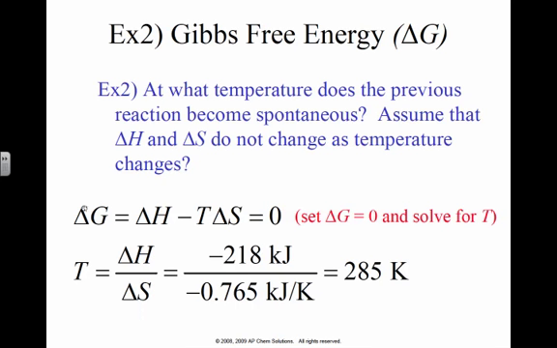So what I'm going to do is make delta G 0, plug in my delta H, plug in my delta S, and just solve for the temperature at which that takes place. So if I rearrange this equation, T is going to equal delta H divided by delta S. So negative 218 divided by negative 0.765 gives me a temperature of 285. If I subtract the 273, that's going to tell me what temperature this reaction does take place.